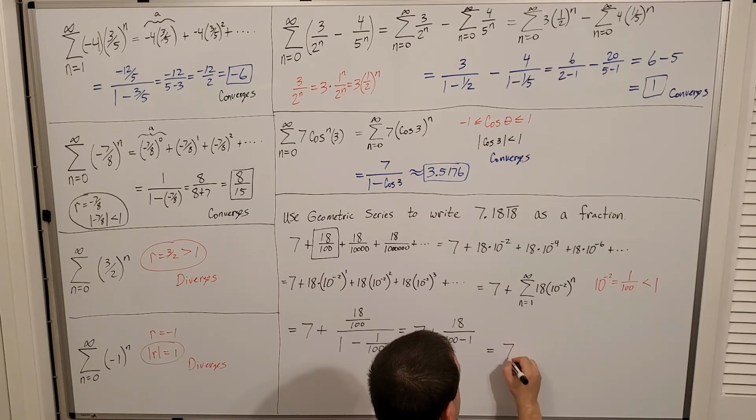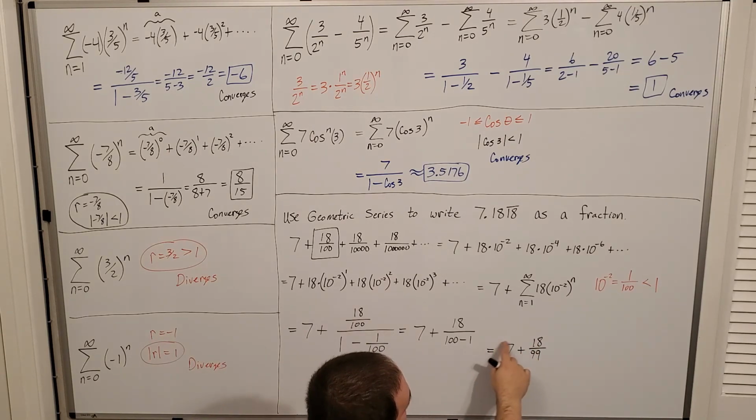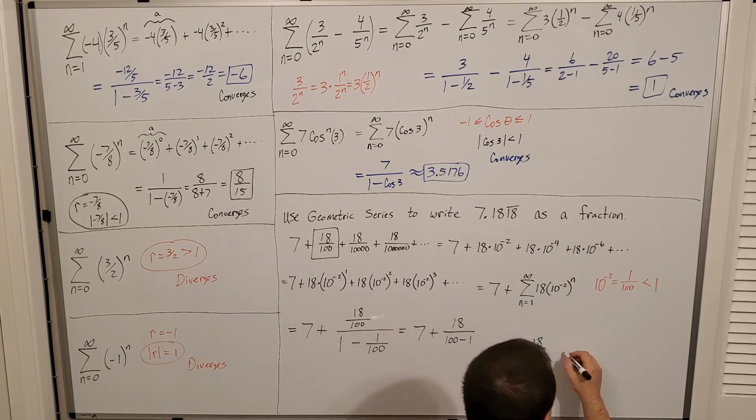So I have 7 plus 18 over 99. And in most cases, you could stop there, right? I'll have 7 and 18 99ths. But I can actually reduce 18 over 99. We'll have 7 and 2/11.